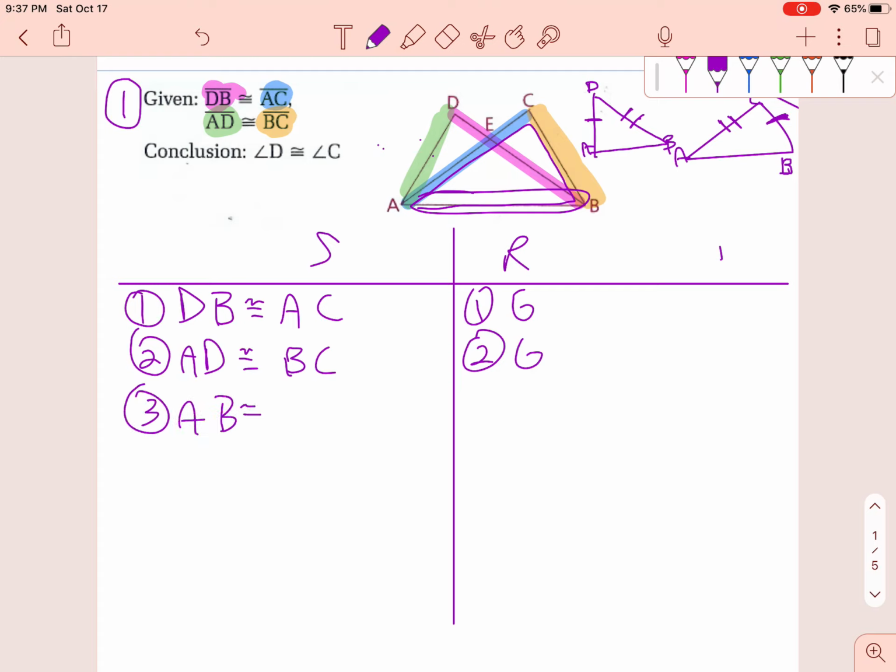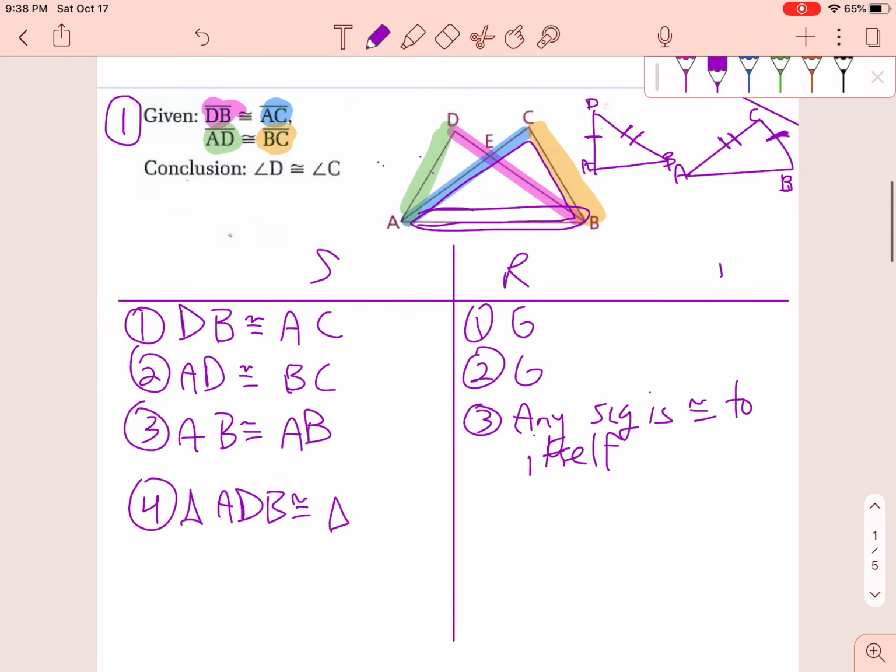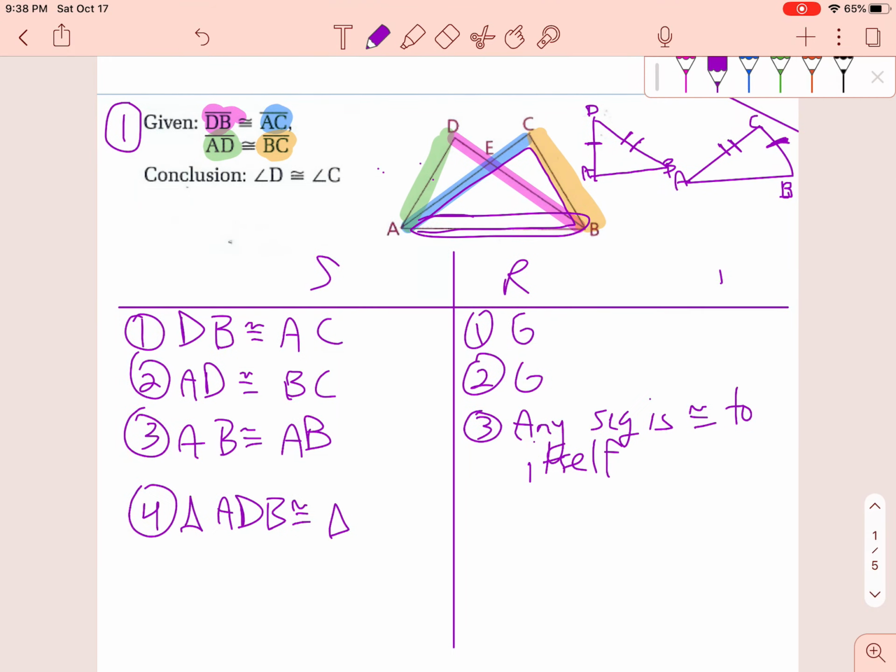So AB is congruent to AB because any segment is congruent to itself. So then I have triangle ADB congruent to triangle BCA because of side, side, side, steps 1, 2, and 3.